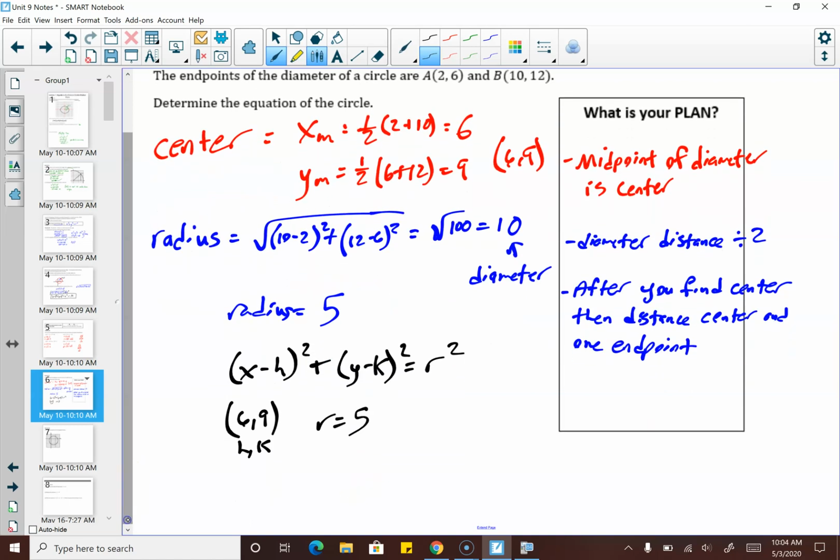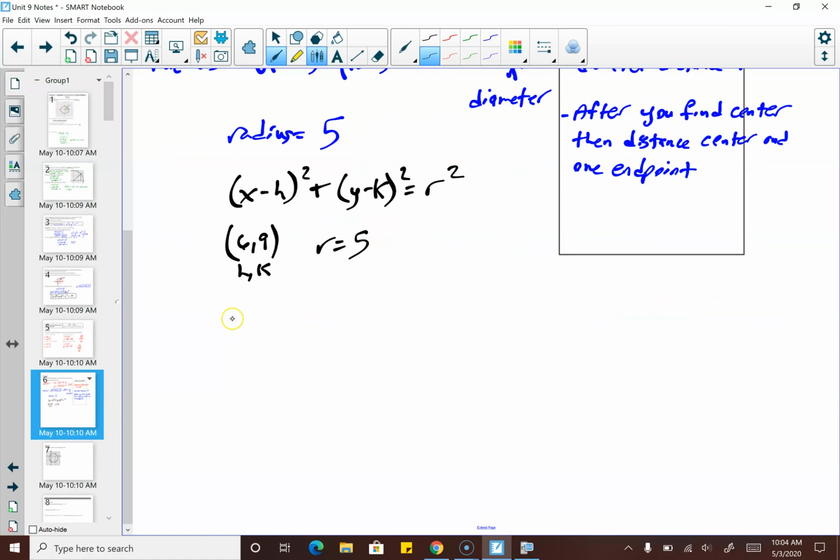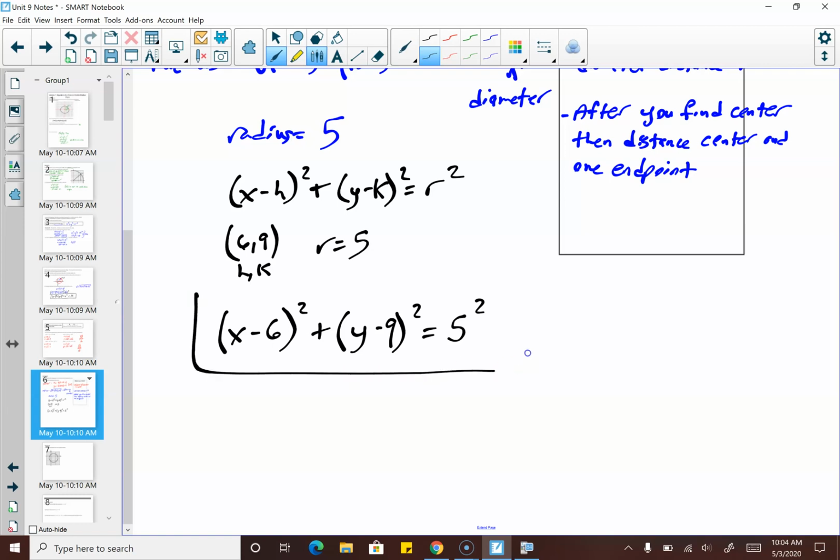So our equation is (x minus 6) squared plus (y minus 9) squared equals, and again, I like to keep it as 5 squared, but you could also keep it as 25. It's kind of up to you. But that would be the process that you would follow to find the equation of your circle if you're given 2 endpoints of your diameter.